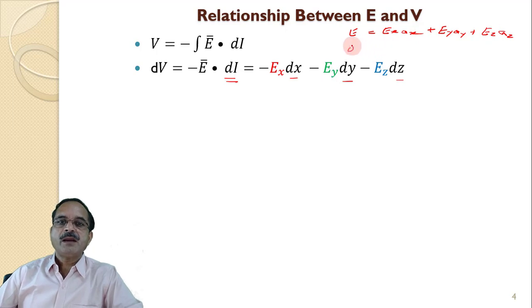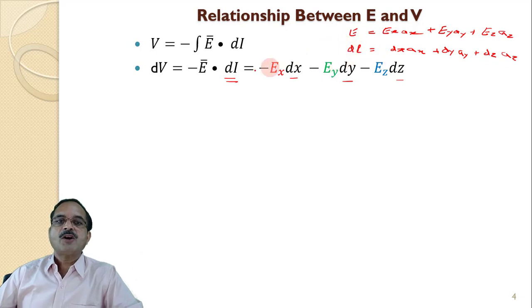Similarly, dl is the differential length, so this will have three components: dx Ax, the X component, plus dy Ay, the Y component, plus dz Az, the Z component.